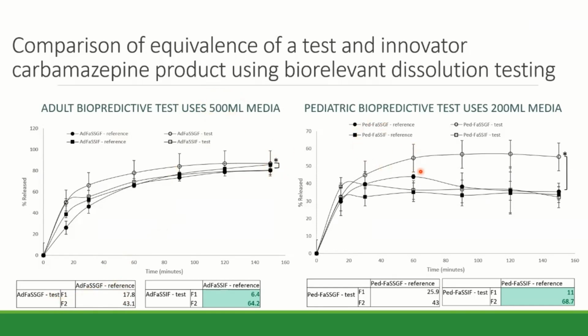The right-hand panel is showing similar data, this time using 200 millilitres to look at a paediatric population. And again, a difference was observed in the simulated gastric fluids. This didn't cause me too much concern, as we generally look at the intestinal fluids as being the bigger predictor of differences in absorption.